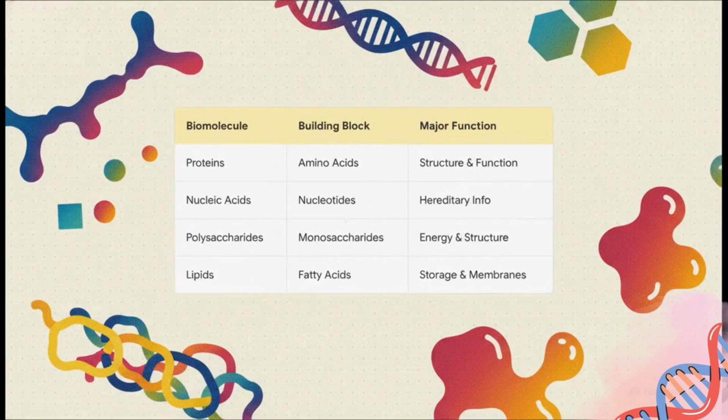So get this. All the crazy, complex machinery inside a cell is built from just these four main types of large molecules, or biomolecules. Each one is a polymer, which is just a fancy word for a long chain made of smaller, repeating units called monomers. Just think of it like four different kinds of construction material, each with its own special job.